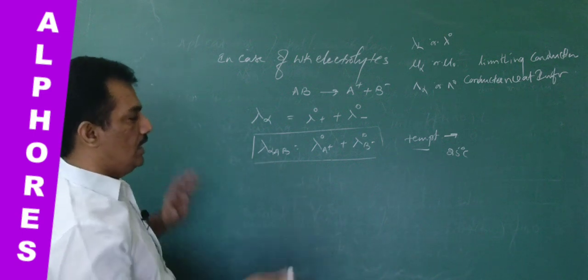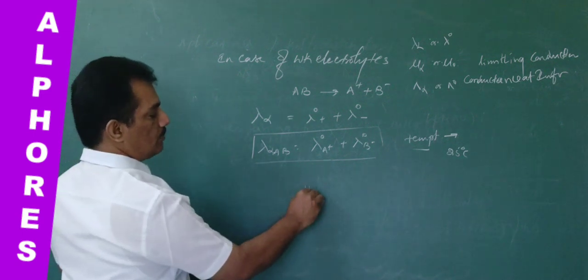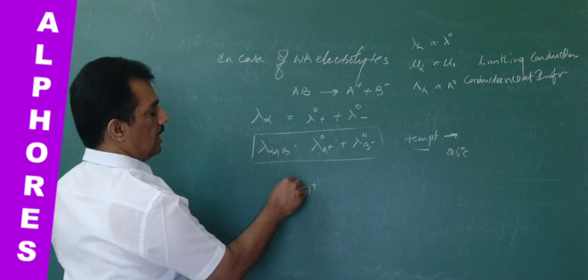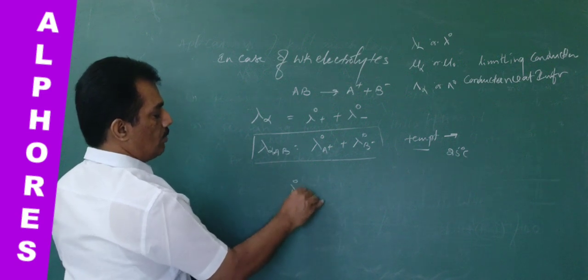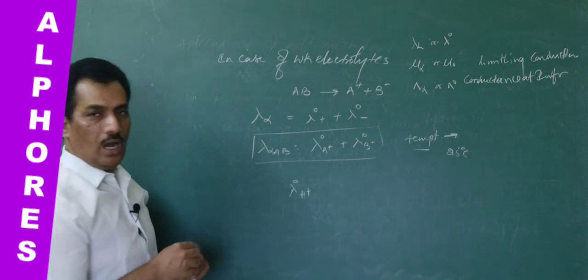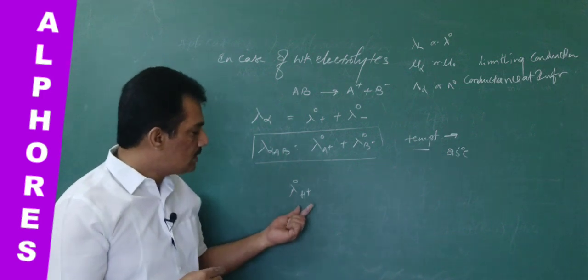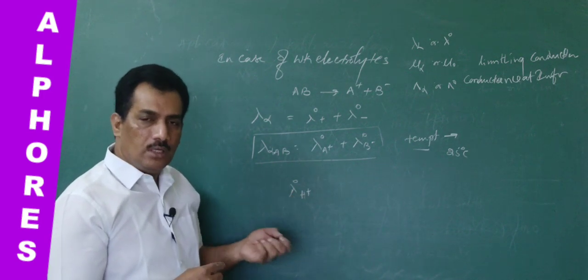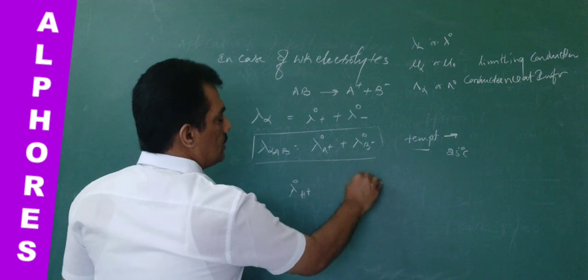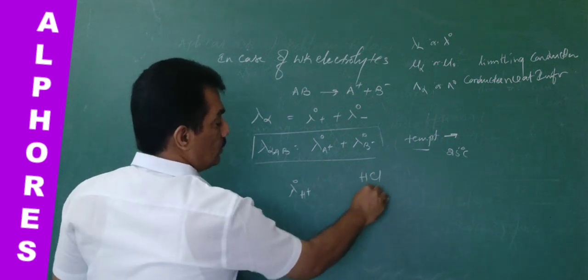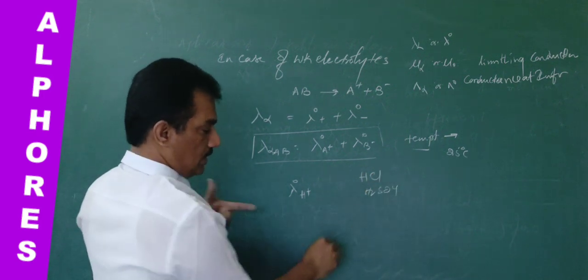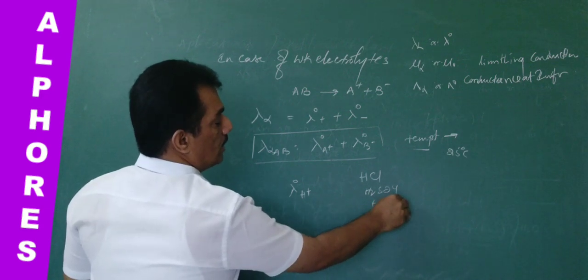Say for example, if we consider H plus conductance at infinite dilution, that is lambda naught H plus, this H plus ion we can get either from HCl, a strong electrolyte, H2SO4, also a strong electrolyte, or HNO3, a strong electrolyte.